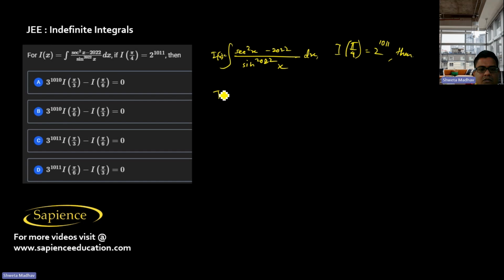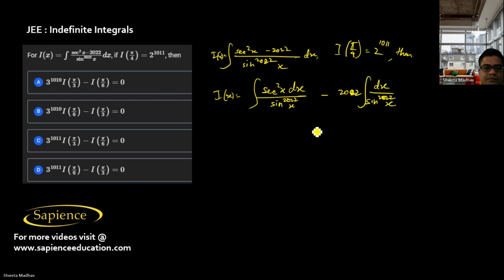Now this integral, we can write it as I of x is equal to the integral of secant square x dx by sine power 2022 x, minus 2022 integral dx by sine power 2022 x.